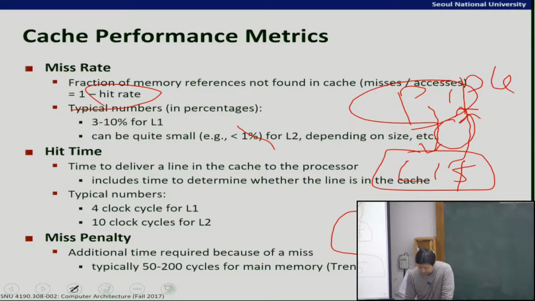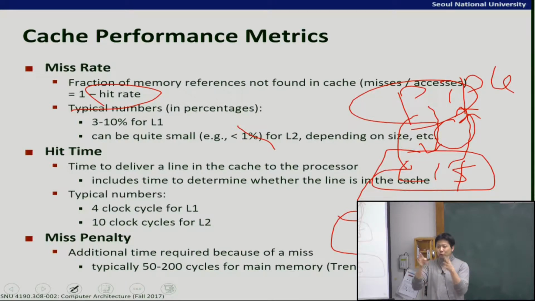And cache miss rate means how often you miss the cache for a given access, right? So what's the probability of having a cache miss for a given request? If you have a cache miss, now you go to L2. If it's in L2, you get the block from L2.